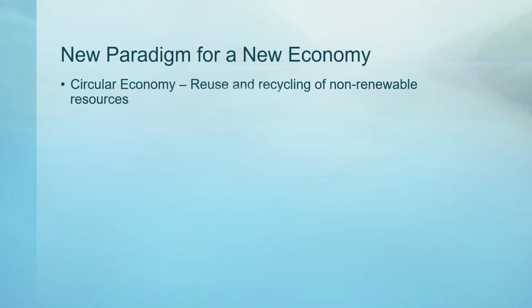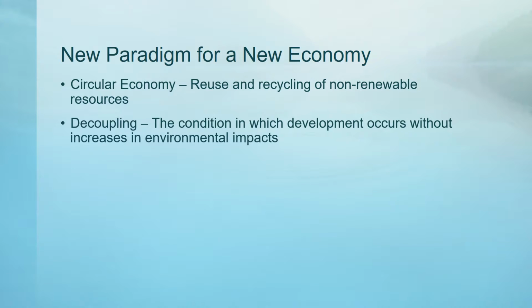That's a new, different way of thinking, which needs a shift to go to a circular economy, not just a throwaway economy, where you reuse and recycle non-renewable resources. And the book also talks about decoupling. That's the condition in which development occurs without increased environmental impact. So there's a couple more terms for you. Decoupling means that we can have, again, sustainable development and quality of life.